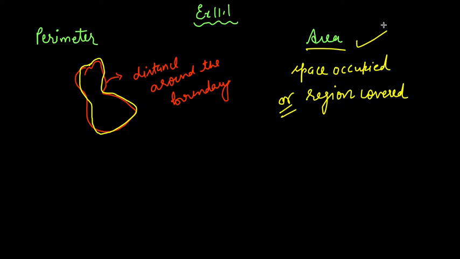We will see the various geometrical shapes now, and we will write the formulas for the perimeter and area of the different shapes. So first let's understand the basic shape, which is a square. Let's draw a rough figure of the square. As per the properties of the square, we know all sides in a square are equal.